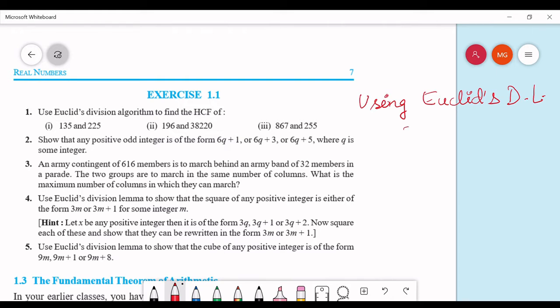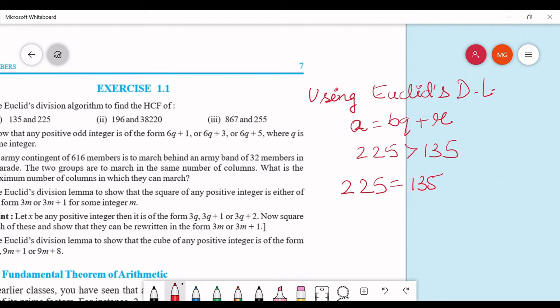You can very well write this in the form of a equals bq plus r, right? And here 225 is greater than 135, right? So if 225 is greater than 135, then your form will be 225 equals 135 multiplied by the quotient and then the remainder.